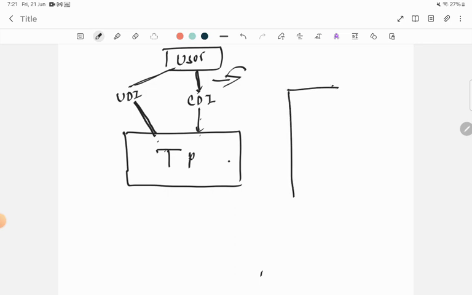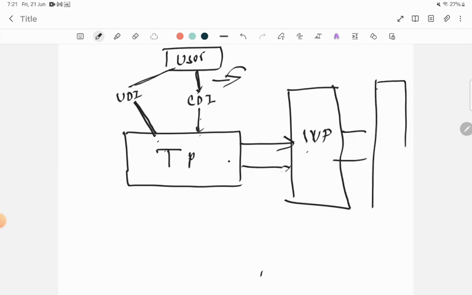After that, this is sent to the IVP, the integrity verification procedure, and finally the data item, the CDI, gets changed here. And then you get the information. For example, you are going to transfer a balance to your friend, so this comes under the CDI.